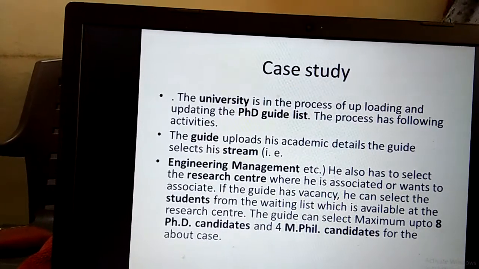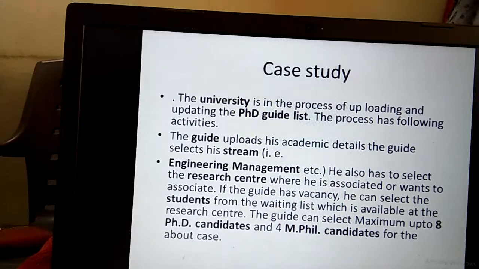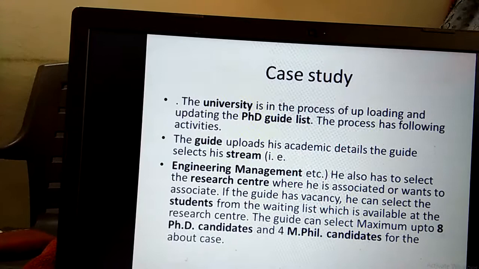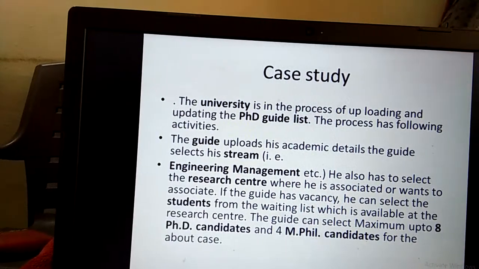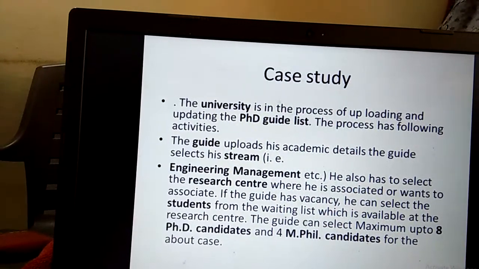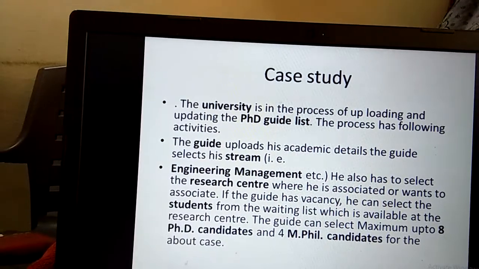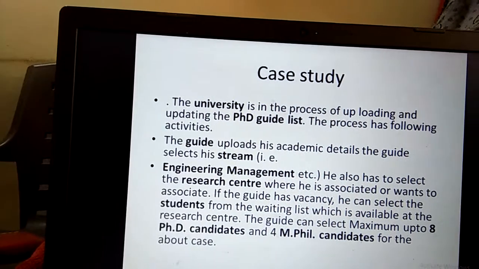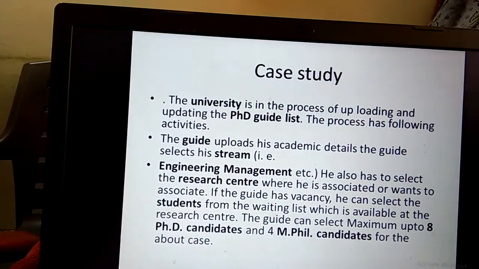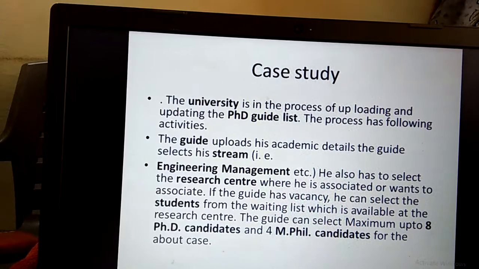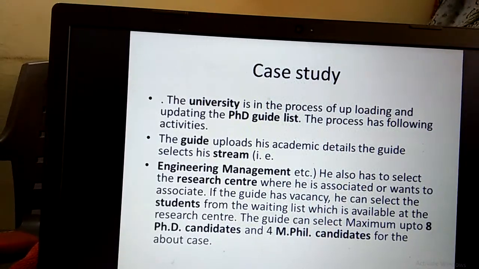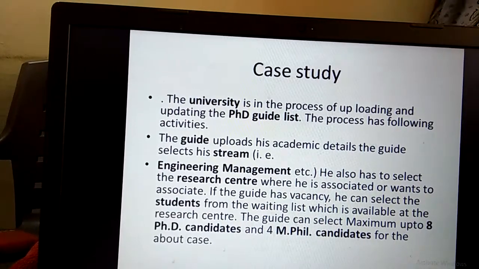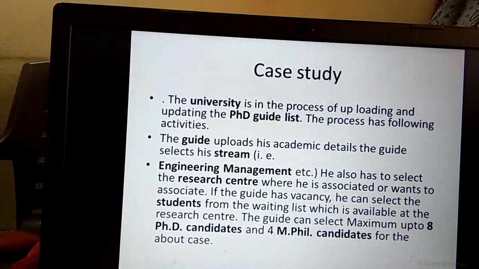This PhD guide is also responsible to upload his academic details, and he or she can select his or her research center for these research scholars. The constraints are also given in this project, such as only 8 PhD students and 4 MPhil students are permitted to register under a PhD guide.